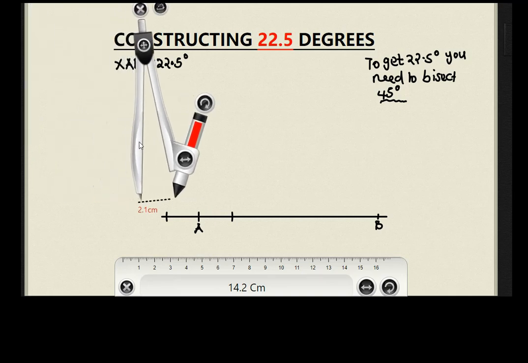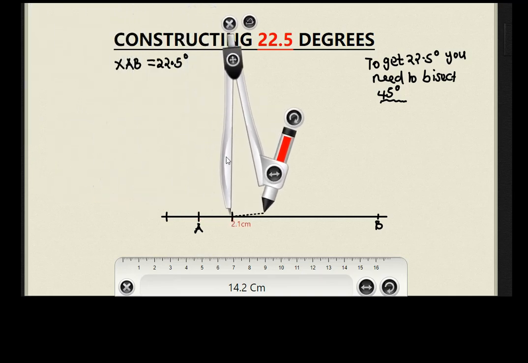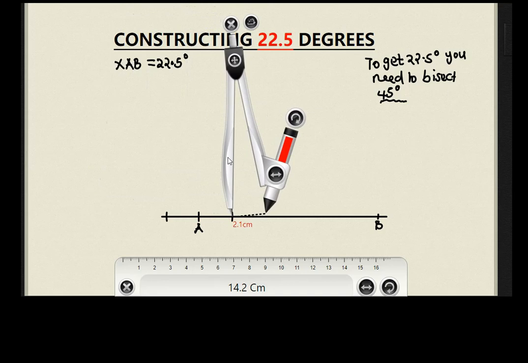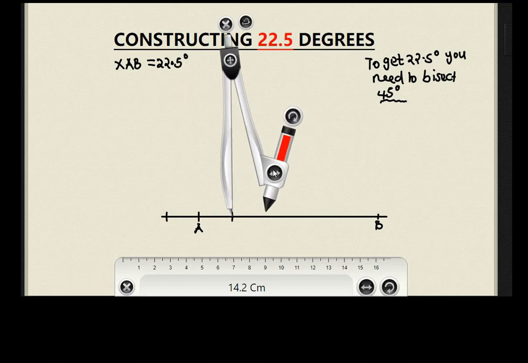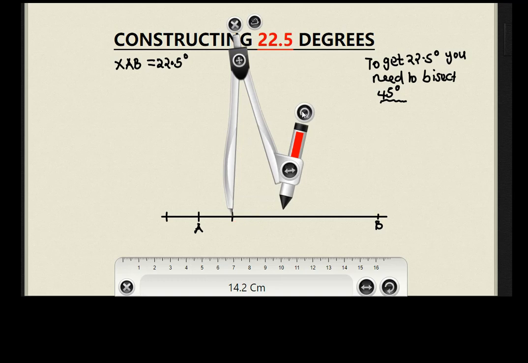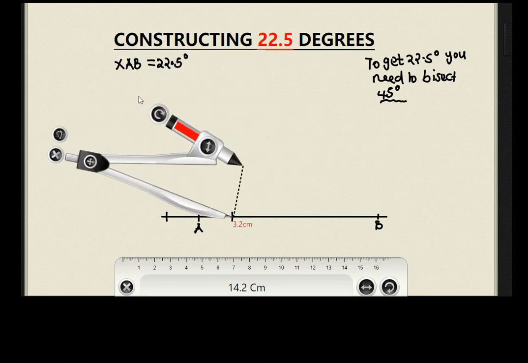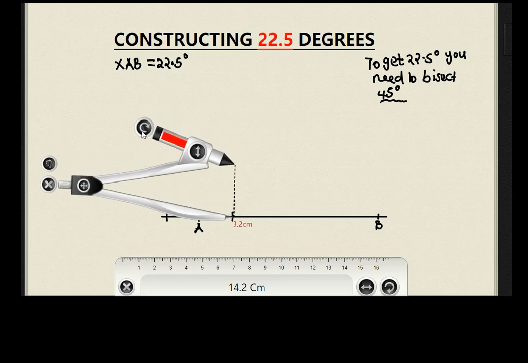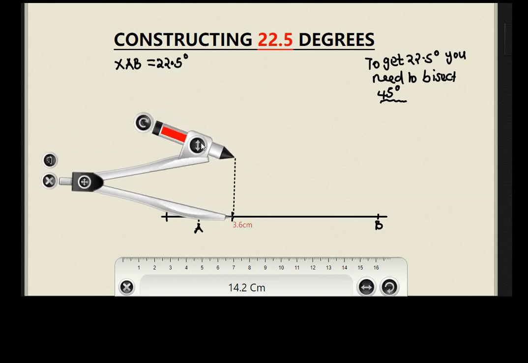We can now transfer the pointer to this point where we had made the first arc. Now we can change the radius and draw an arc above point A. I want to adjust a bit.